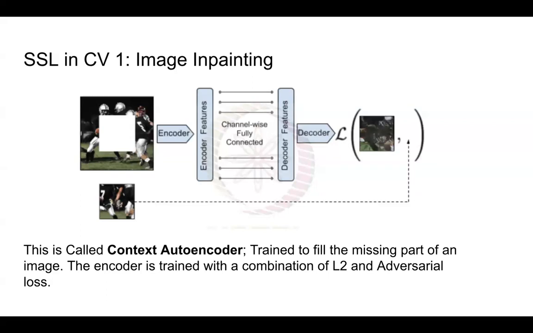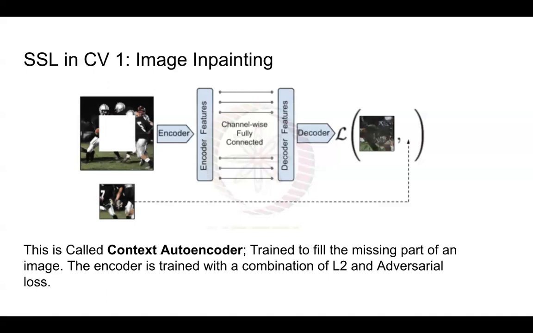The decoder output size should be equal to the piece that was taken out. So you found a prediction for that piece. Then you have the actual piece with you because you just cut it out from the entire image.